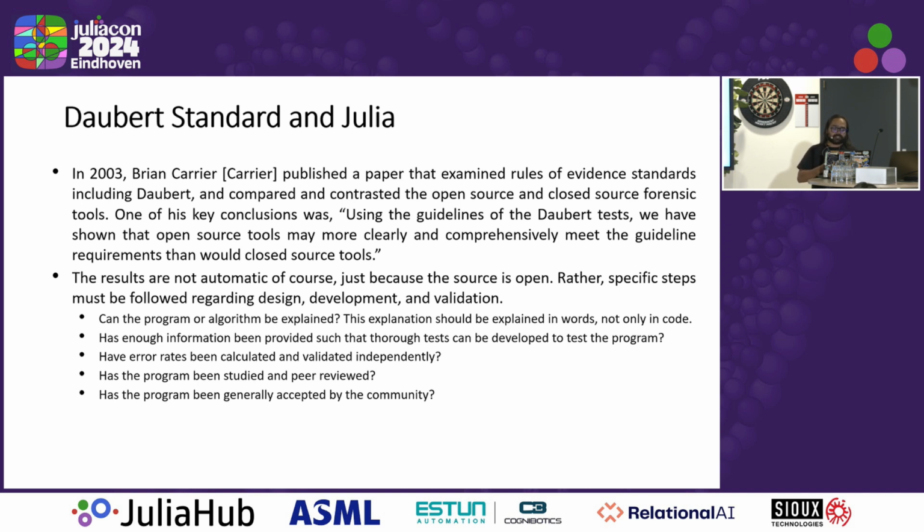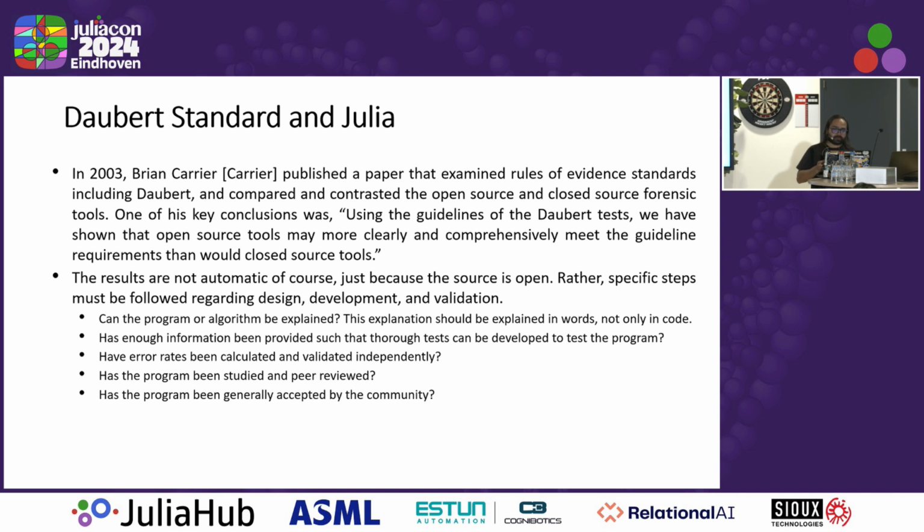Then, has enough information been provided such that thorough tests can be developed to test the program? You need to have many test cases here and make sure that there are fewer and fewer problems with the software. Then, have error rates been calculated and validated independently? Has the program been studied and peer reviewed?